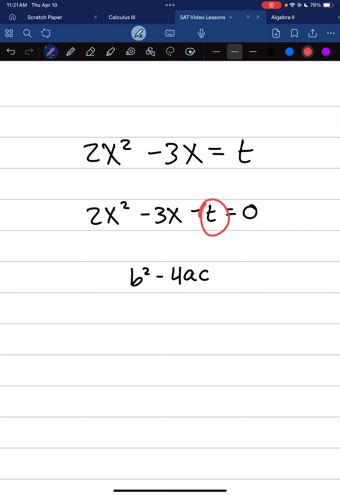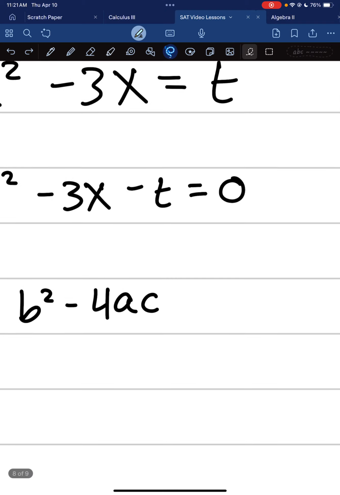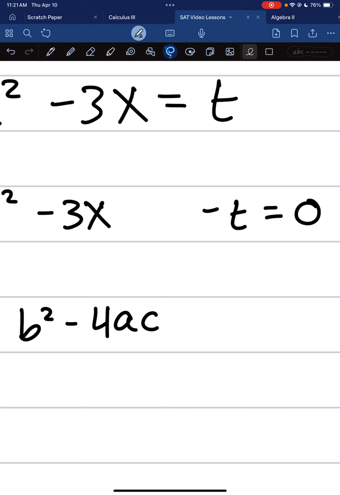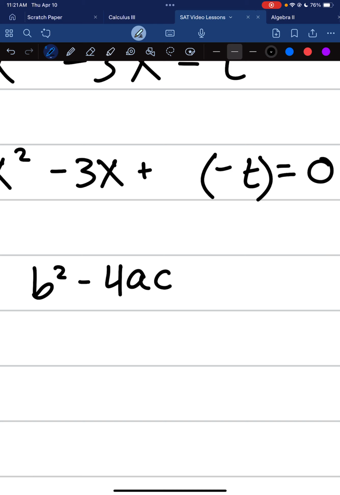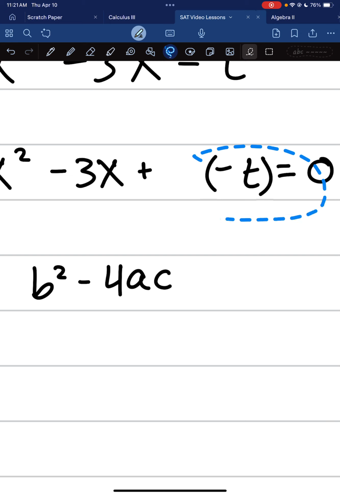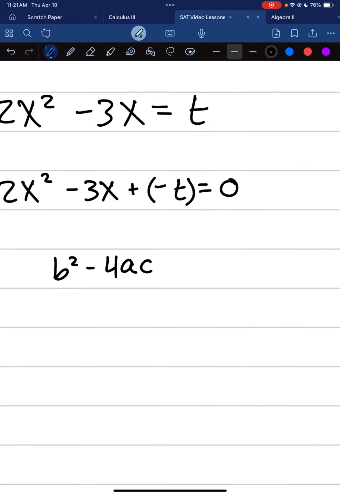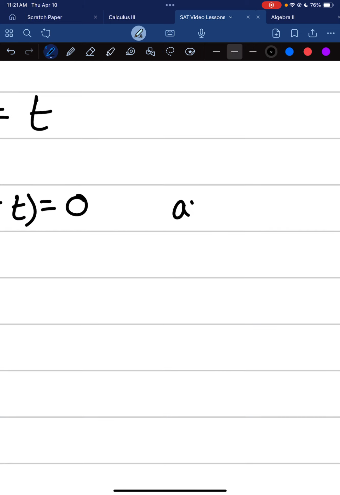Actually, let me write this in a better form. I'm going to rewrite this slightly. I'm going to write this as minus 3x plus negative t, just to match the general form of a quadratic equation more closely and make it more obvious what our a, b, and c values are.